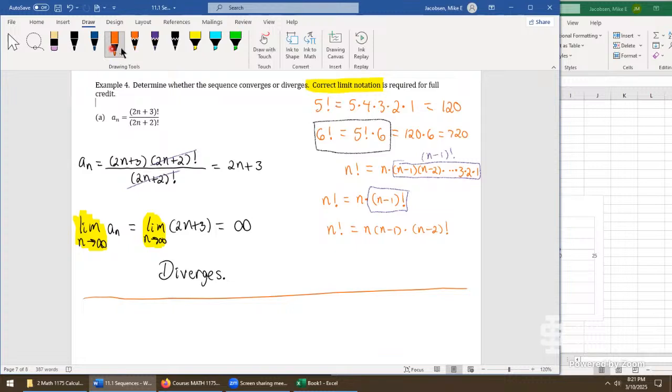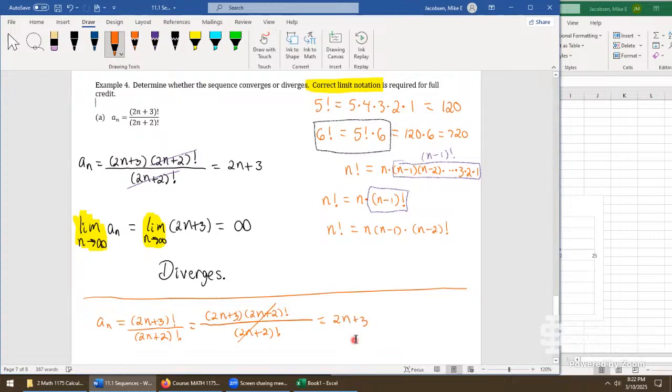Okay, now when it comes to correct limit notation, I want to be straight up honest with you. There are stylistic choices to this. So if you wrote out your problem like this, an equals 2n plus 3 factorial over 2n plus 2 factorial, then you start working with it algebraically right here, did your cancellation and got your expression 2n plus 3.